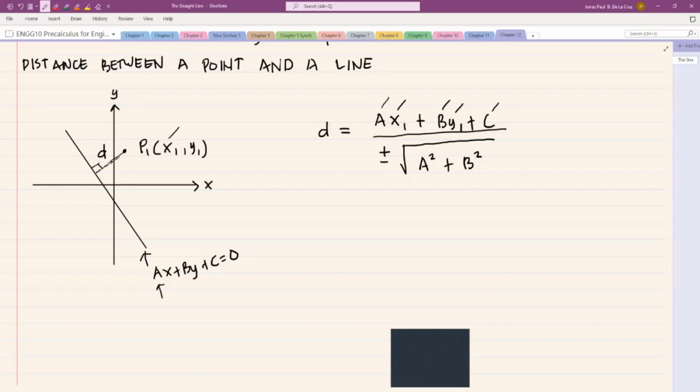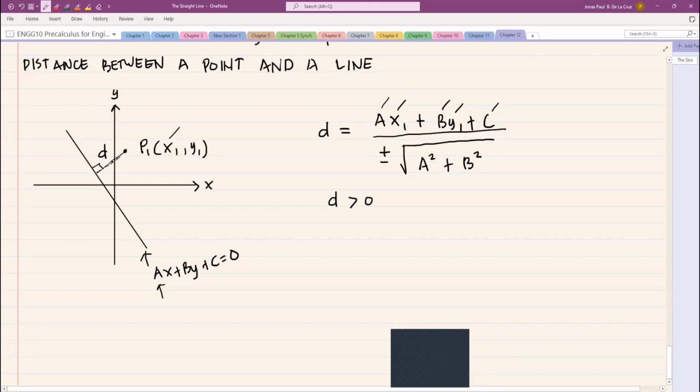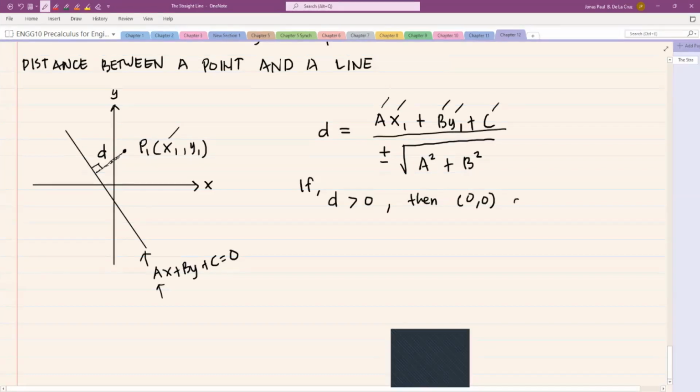If d is positive, then the point and the origin are on the opposite sides of the line L. When d is greater than 0, the origin, the point 0, 0, and P1 are on the opposite sides of the line L1.